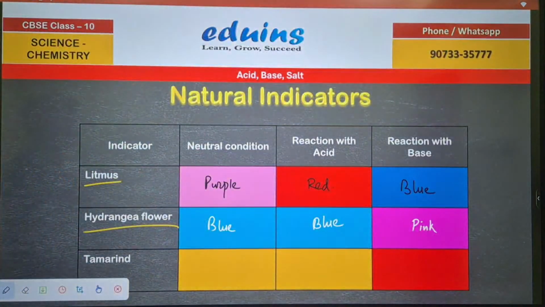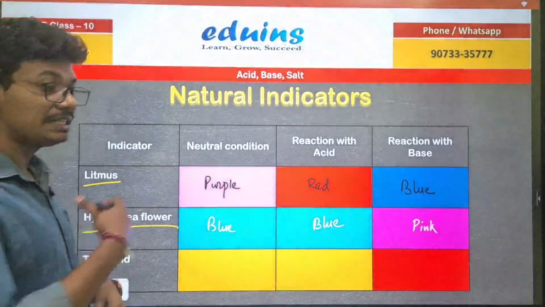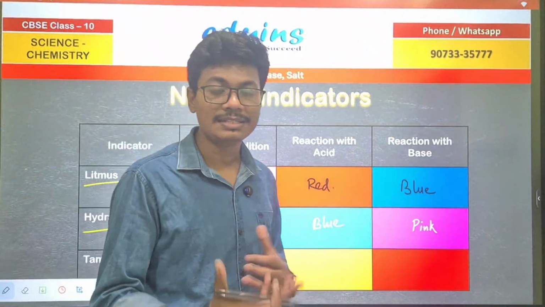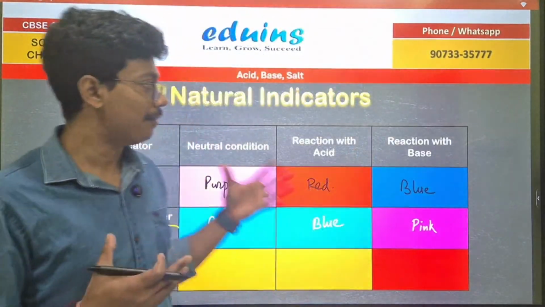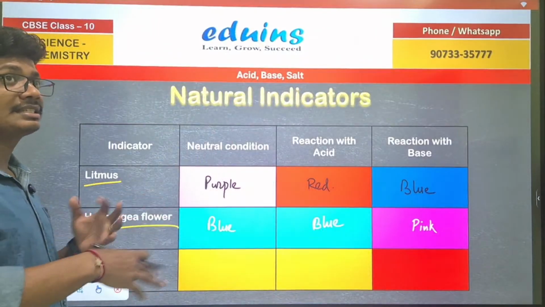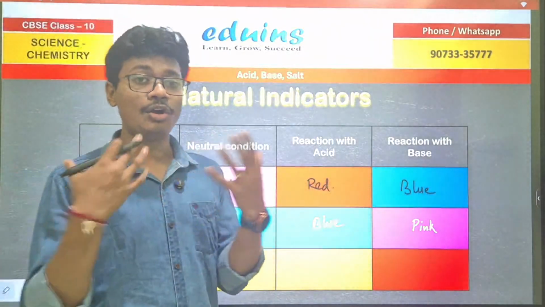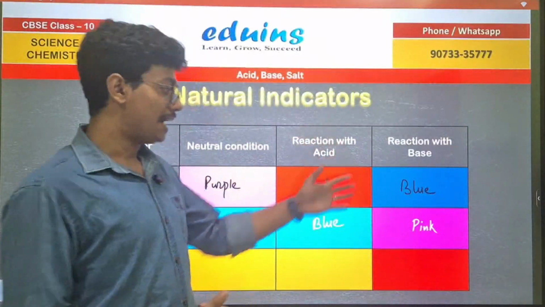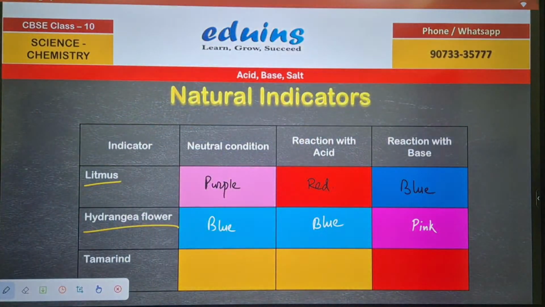Clear? That's why they are called indicators, because in the presence of acid and base they change their color, or smell, as we have already talked about. Clear to everyone?